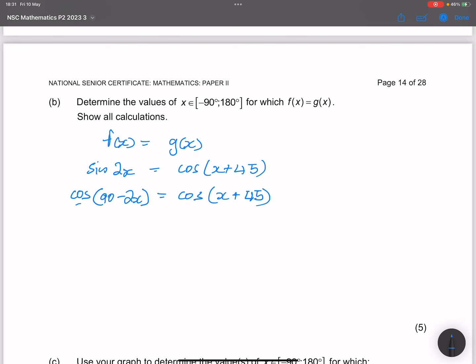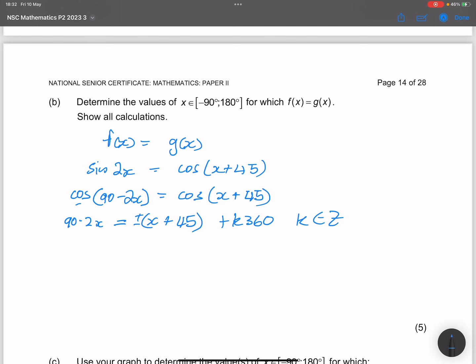So this would be 90 minus 2x is equal to x plus or minus. Remember, whenever you find the solution for cos, we always say plus or minus for it. This is plus k 360, where k is an element of integers.